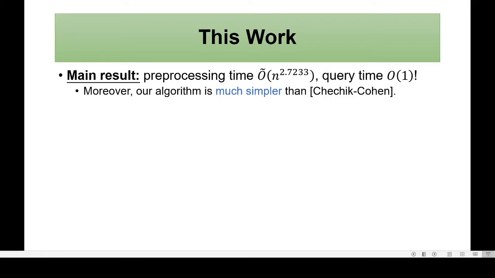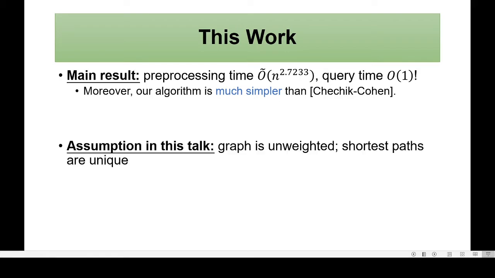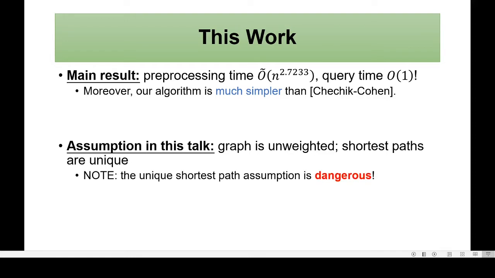Moreover, our algorithm is much simpler than the algorithm of Chechik and Cohen. In the paper, we assume the graph has integer edge weights no more than W. However, to make things simple, we will assume in this talk that the graph is unweighted, that is, W equals 1. We will also assume that shortest paths are unique. However, let me remind you that the unique shortest path assumption is actually dangerous in our setting.